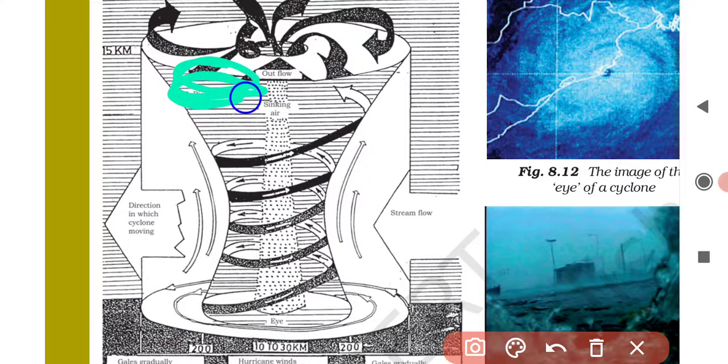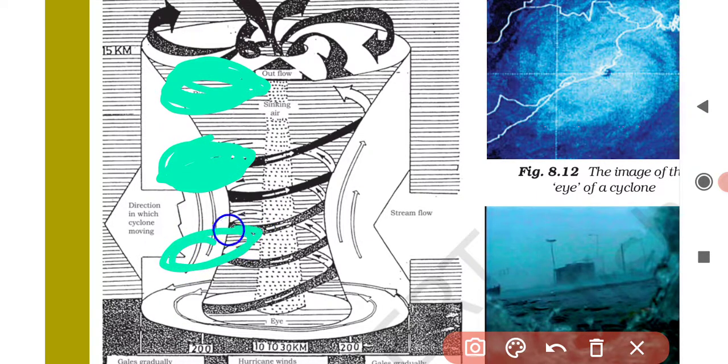are thick cloud regions, and the size of the thick clouds can be about 150 kilometers.